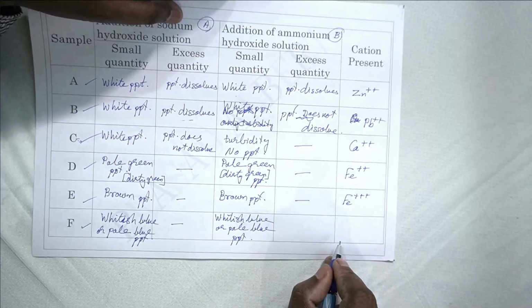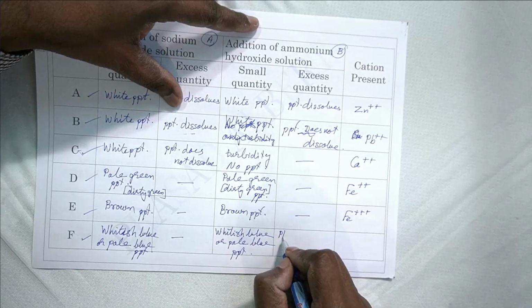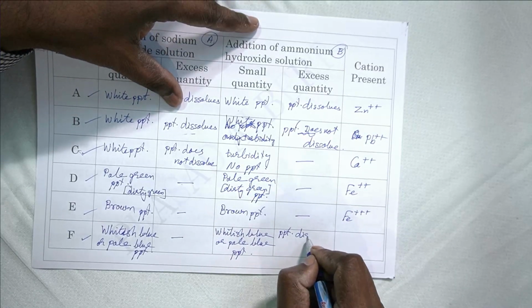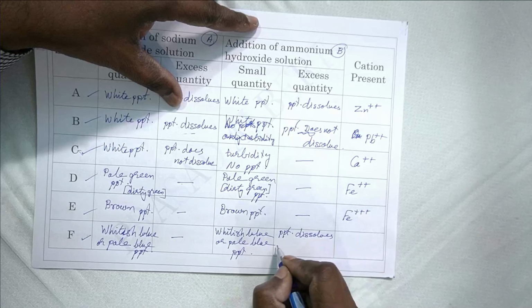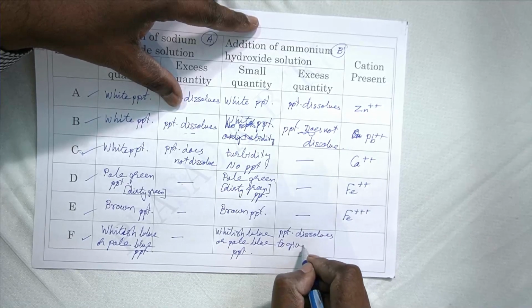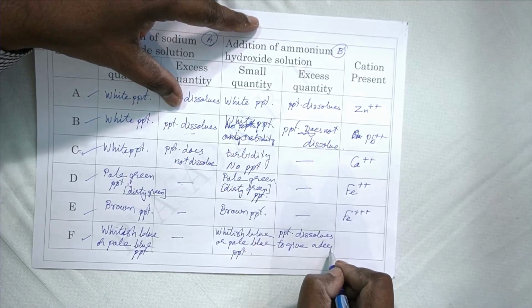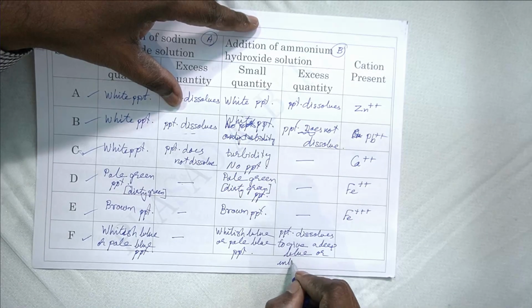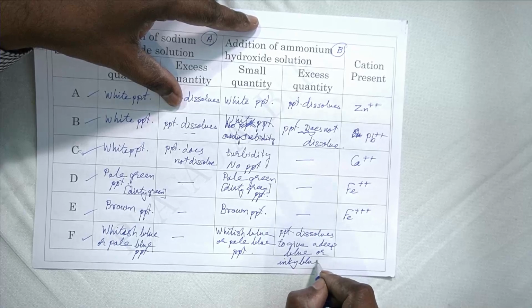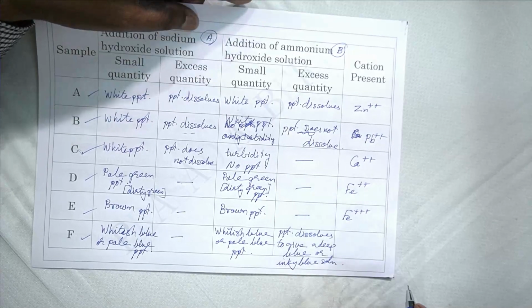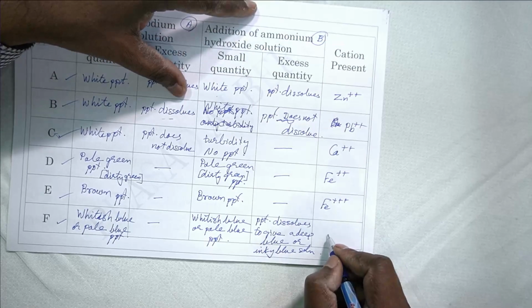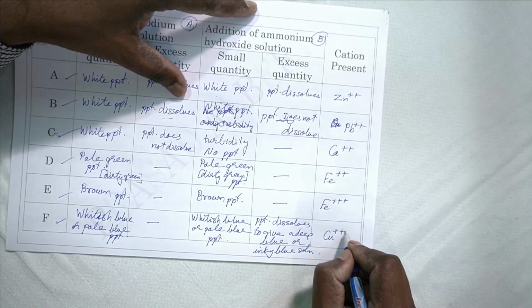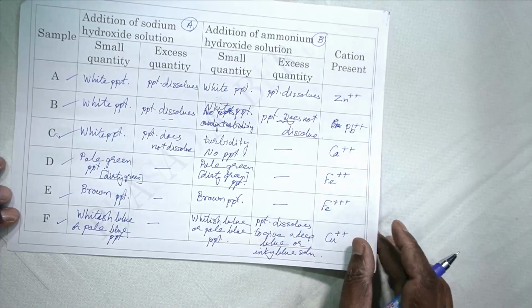When excess ammonium hydroxide is added, the precipitate dissolves to give a deep blue, or sometimes called inky blue, solution. Inky blue solution is formed. Now we understand the cation present is copper, Cu++ ions.